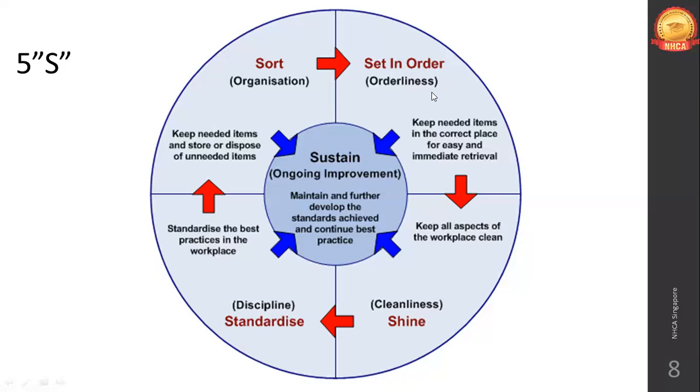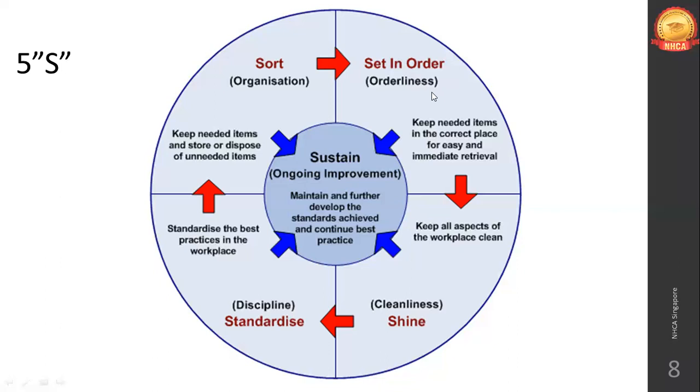If it is the hospital policy that inpatient files you will keep only for 3 years, any file that is older than 3 years, you are supposed to discard it. So in sort, you discard the items you don't require, and you keep the items that you require. That is the sort step. Discard what is not required, keep what is required.